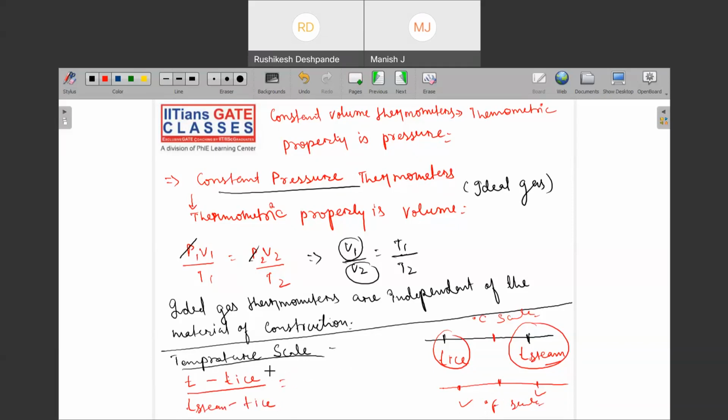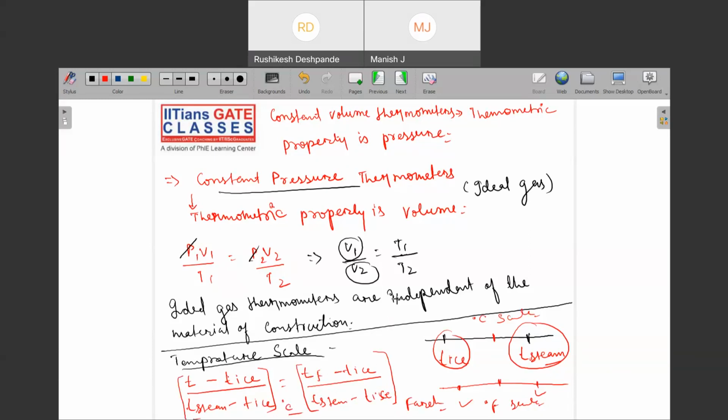If we are using it in degree Celsius scale, that ratio will remain constant. Now if we use the Fahrenheit scale, I write TF: (TF minus T ice) divided by (T steam minus T ice), in Fahrenheit scale, and this one in degree Celsius scale. So these two things will be correlated.